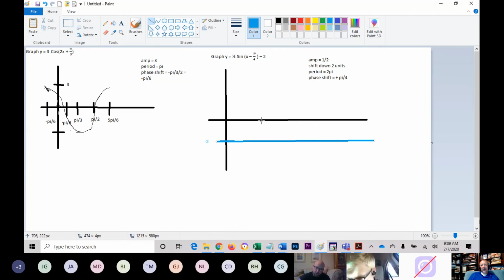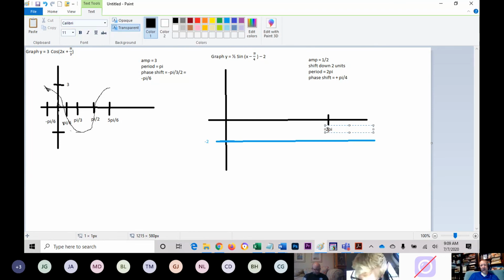Now, normally we would go 2 pi here. With a normal sine wave that's not shifted, this would be 2 pi.